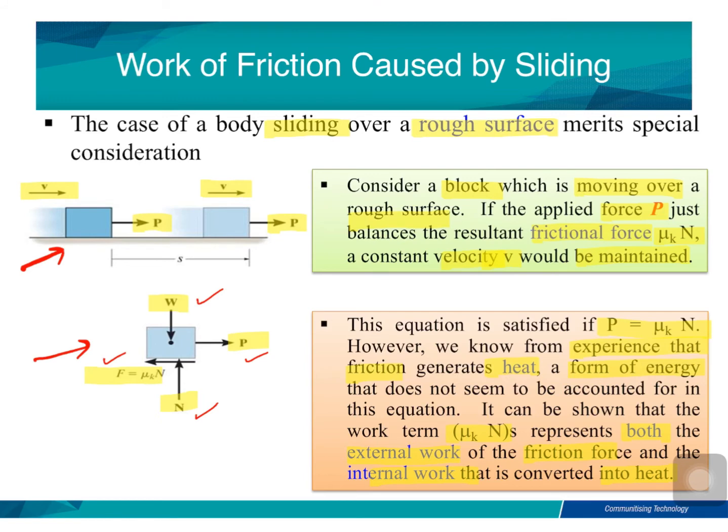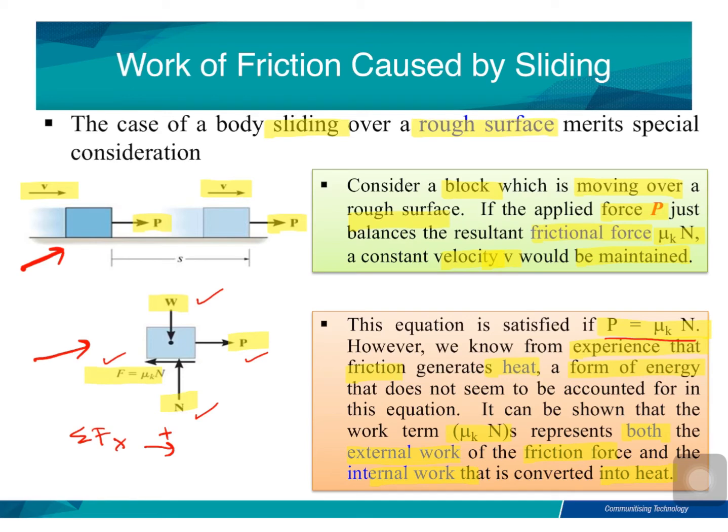Consider a block which is moving over a rough surface. If the applied force just balances the resultant friction force, mu k N, a constant velocity v would be maintained. The equation satisfied is P is equal to mu k N, because of the summation in the x direction.